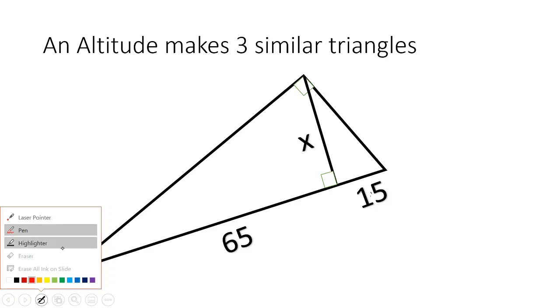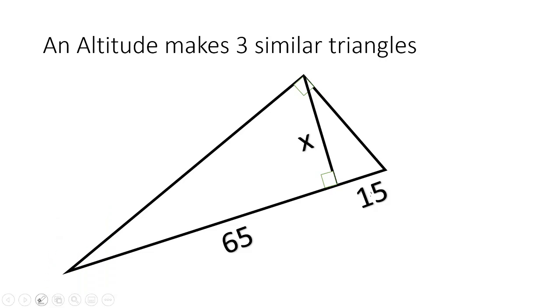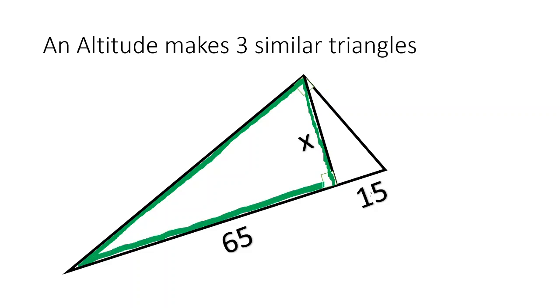I'm going to get out my highlighter and highlight the three similar triangles that we have, to make this as easy as possible for everybody. You can see the green triangle. We're going to call that the medium-sized triangle.